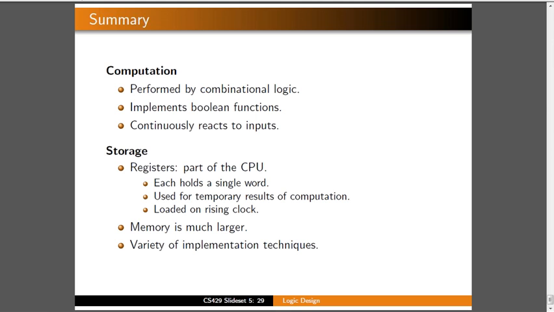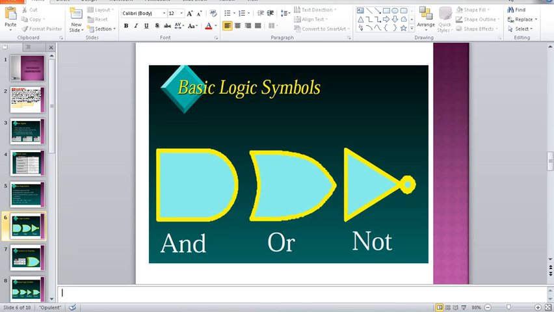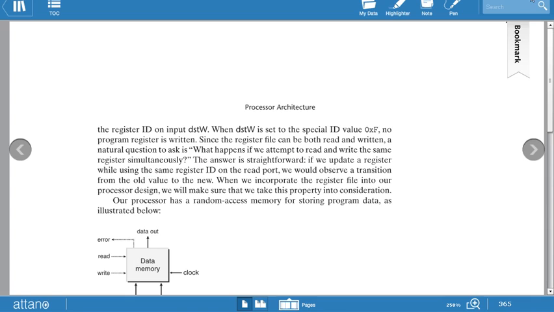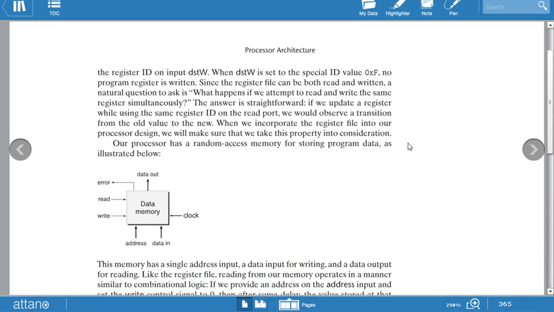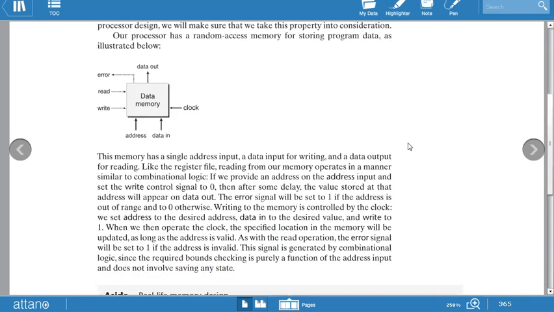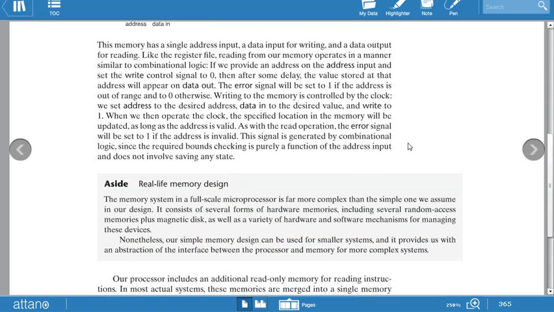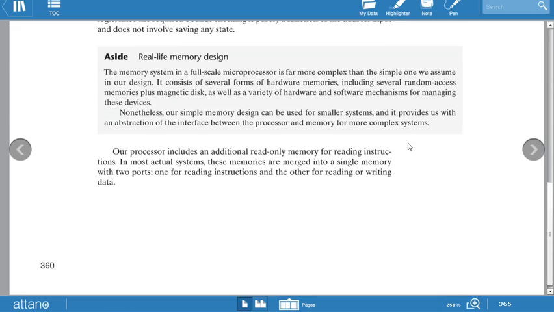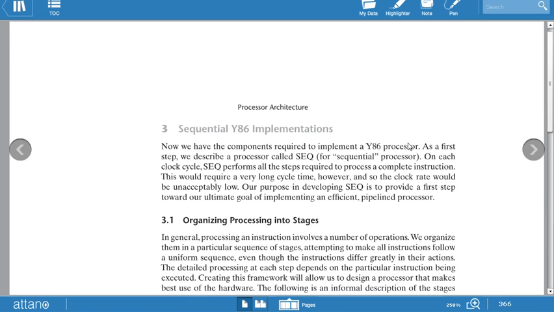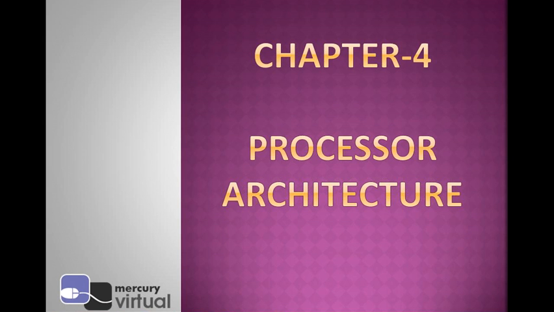Now let's take some examples. This is also the wind up stage.